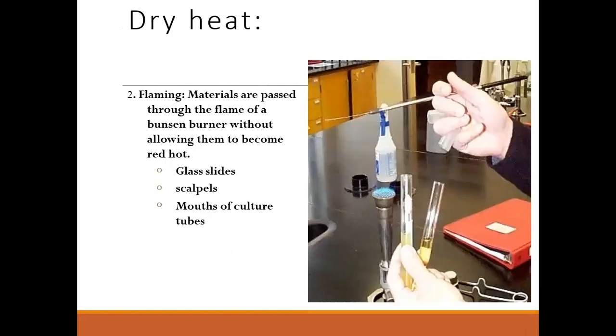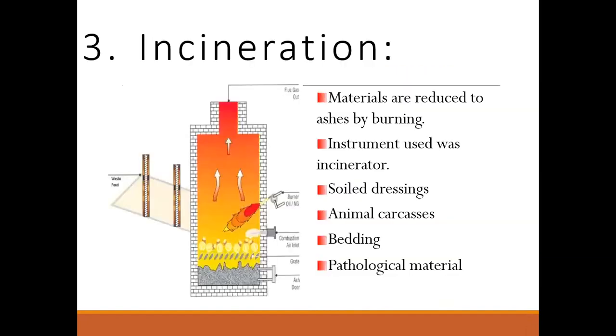Number two is flaming. Materials are passed through the flame of a Bunsen burner without allowing them to become red hot, such as glass slides, scalpels, and mouths of culture tubes. Number three is incineration, which is very important.